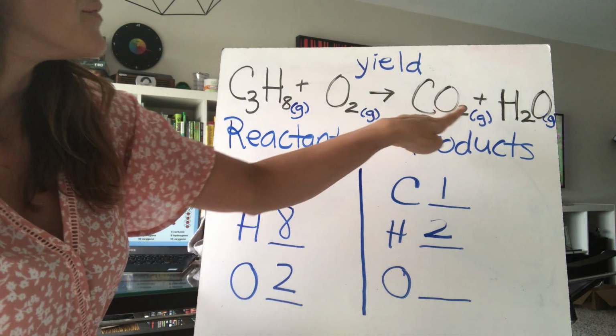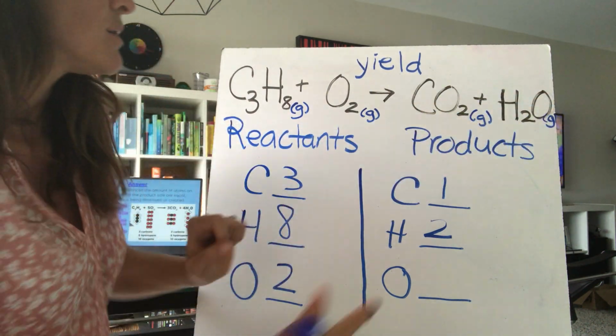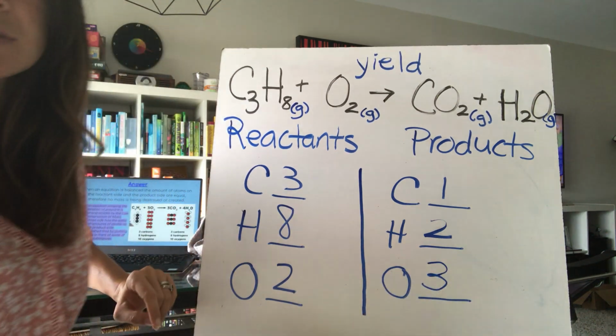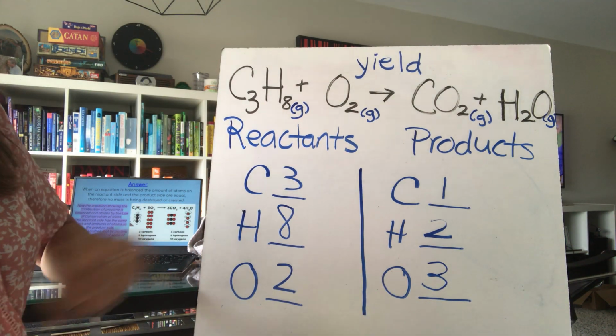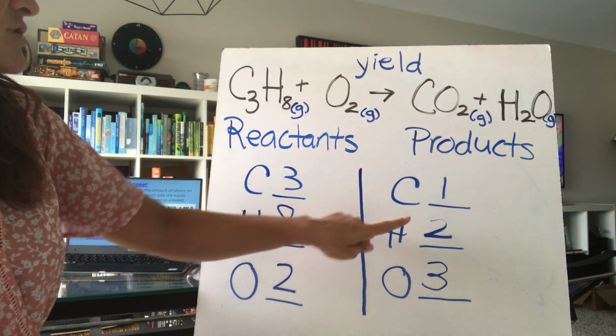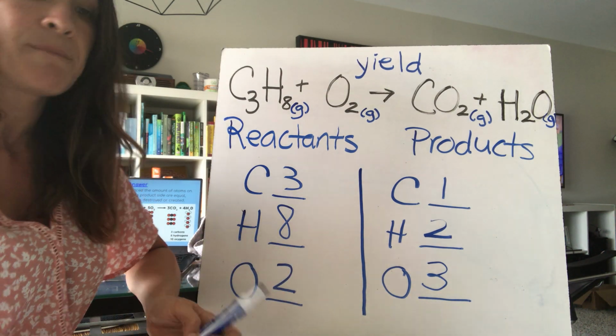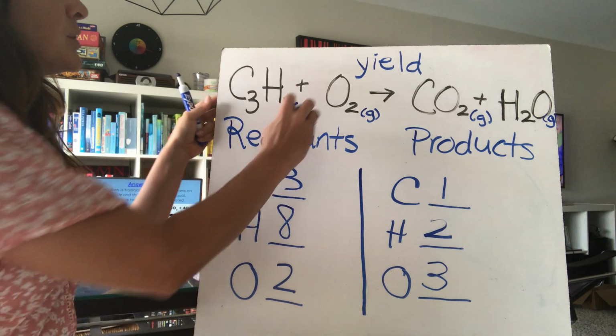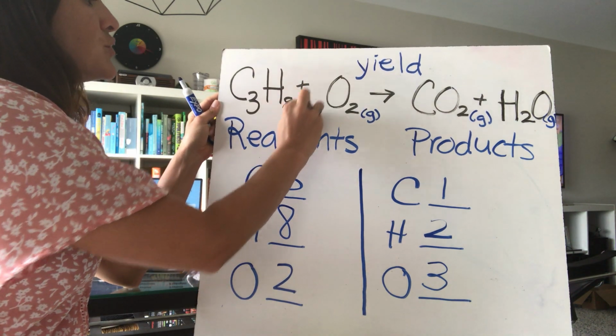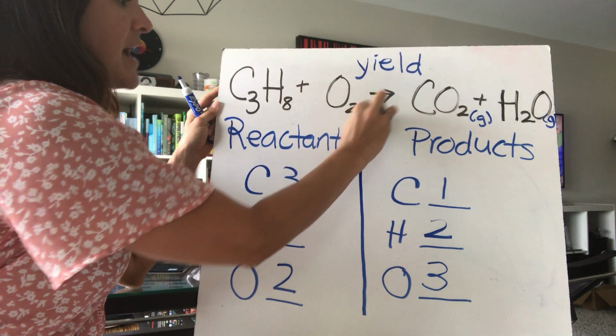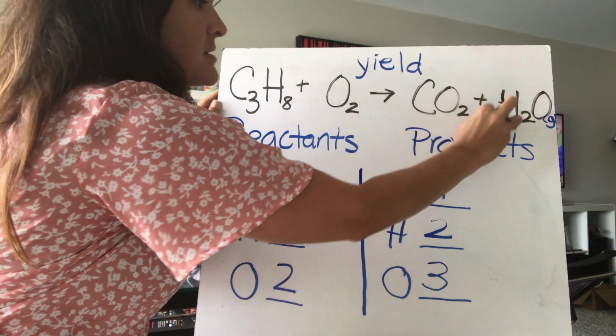So actually I have 2 plus 1, 3 oxygens. Obviously, things are not equal, so that means I'm not balanced yet. I have to include that coefficient I told you about, and I'm just going to erase these gas symbols for now to make some space, okay?